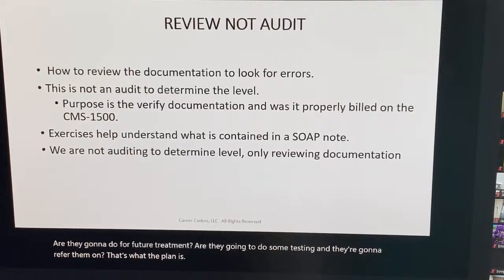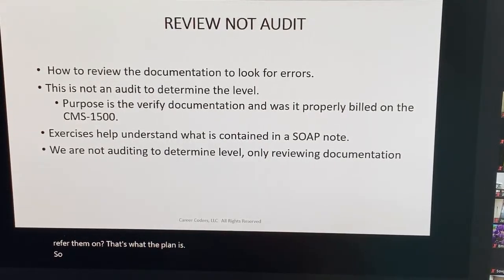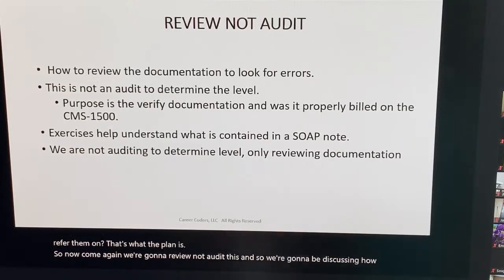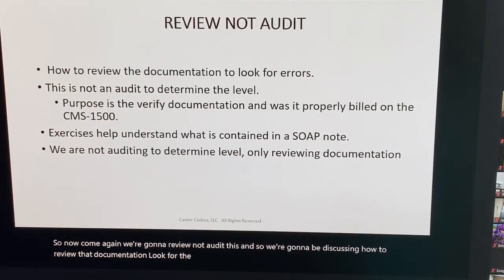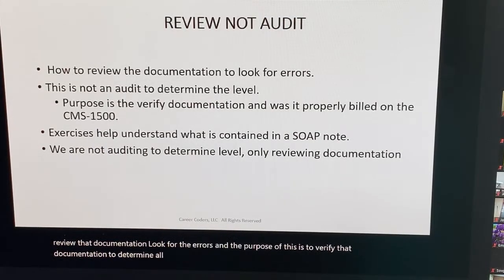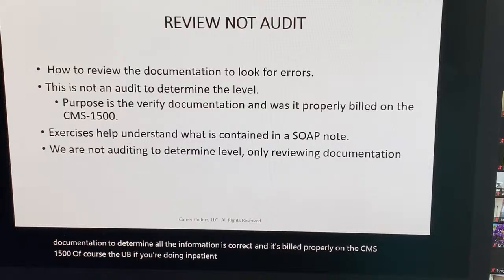So now, again, we're going to review, not audit this. We're going to be discussing how to review that documentation and look for the errors. The purpose of this is to verify that documentation, to determine all the information is correct and it's billed properly on the CMS 1500. Of course, the UB if you're doing inpatient or hospital facility code.